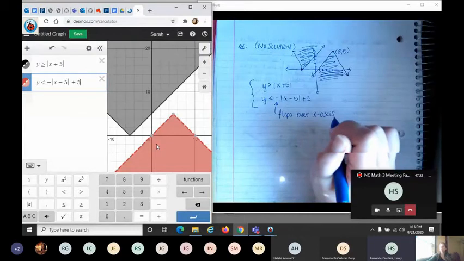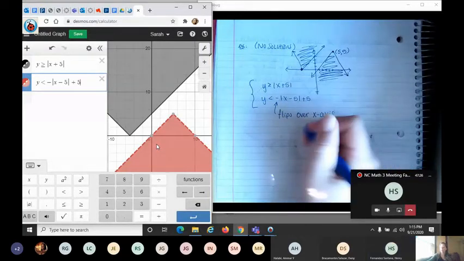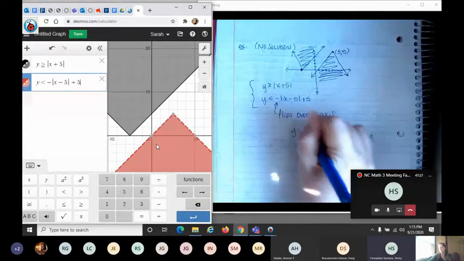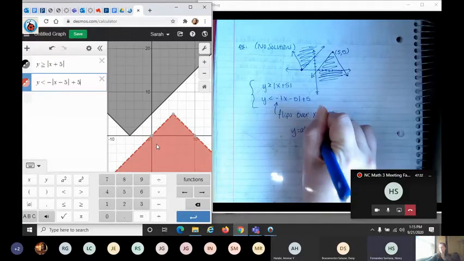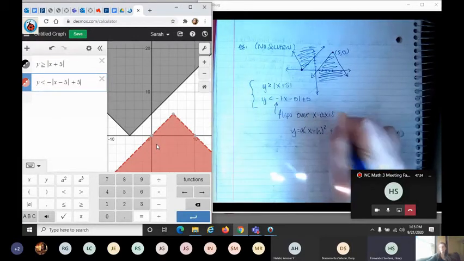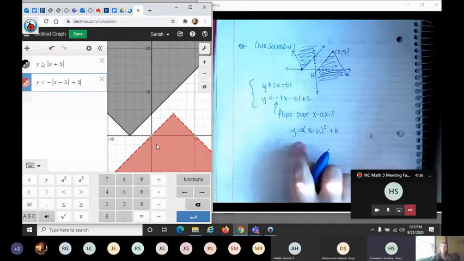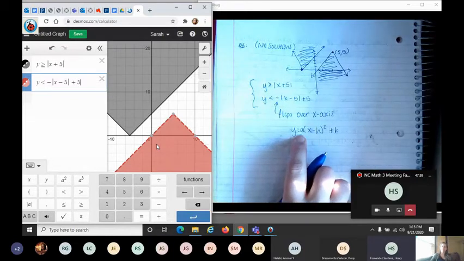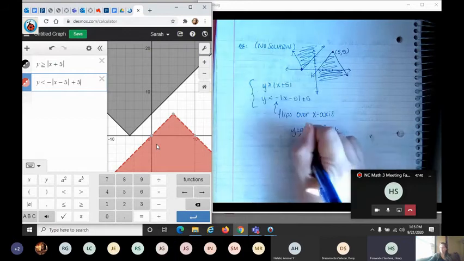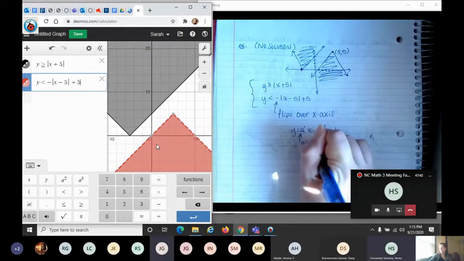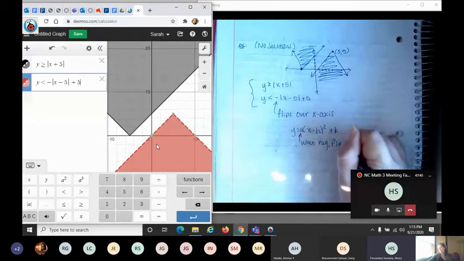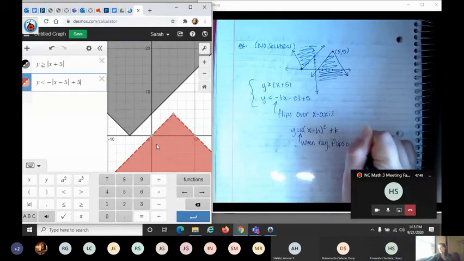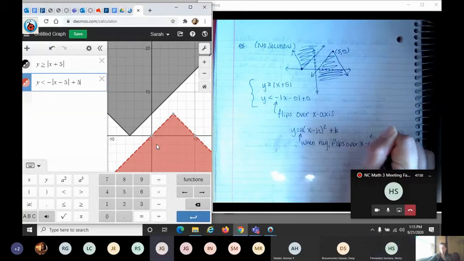So, yeah, it's just like what we did with quadratics when we had y equals a times x minus h quantity squared plus k. That a in front, when it's negative, it flips it over the x-axis. Okay. When negative, it flips over the x-axis.